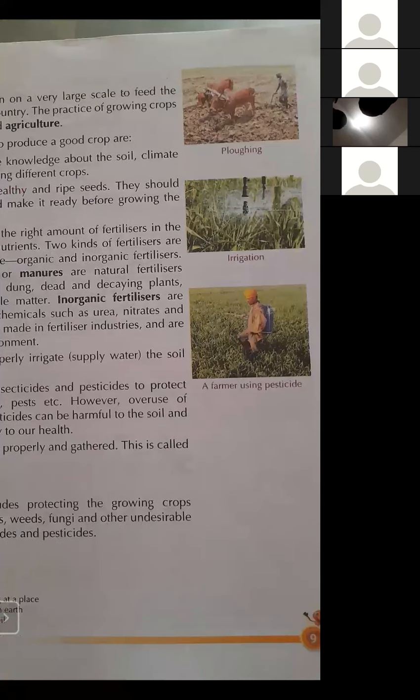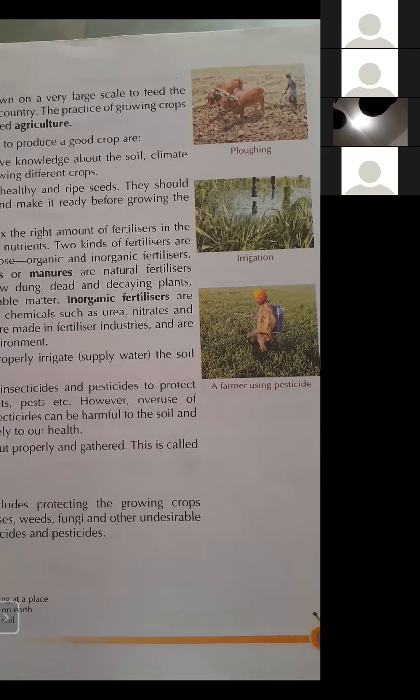So you can easily see in the diagram, irrigation is there. The farmer is using pesticides. Pesticides mean the chemicals used to kill the bacteria and microbes which damage the crops. Irrigation means supplying water to the field, to the plant.